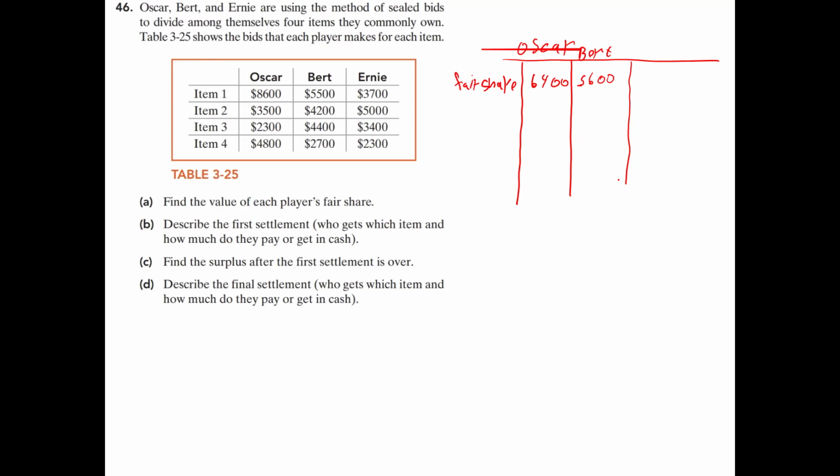Okay, now finally to Ernie, same thing, $3,700 plus $5,000 plus $3,400 plus $2,300. 14,400. We divide that by 3, $4,800.